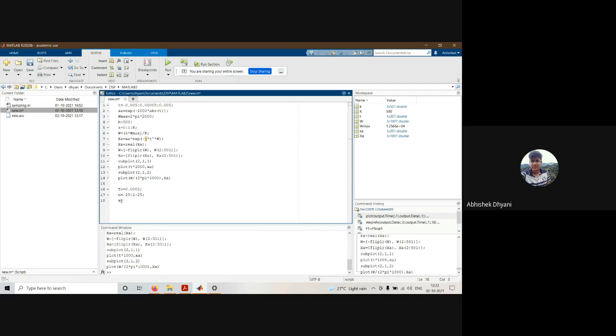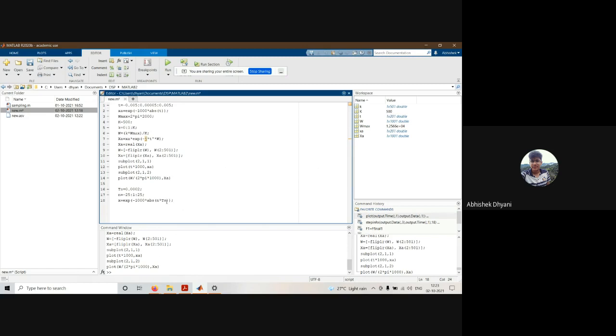It will be just like xa, only this t will be replaced by n Ts. So this becomes exponential of minus 1000 times the absolute value of n times Ts, right? So this is the sequence.